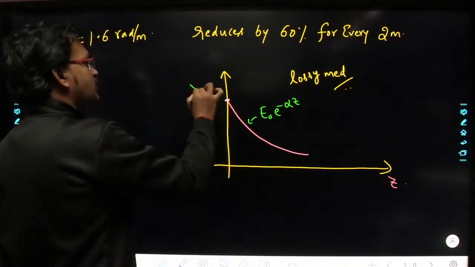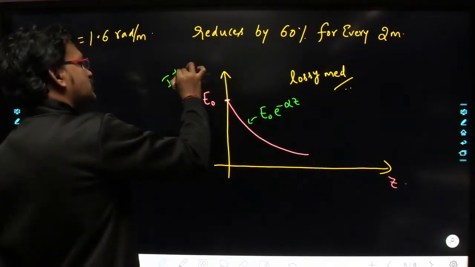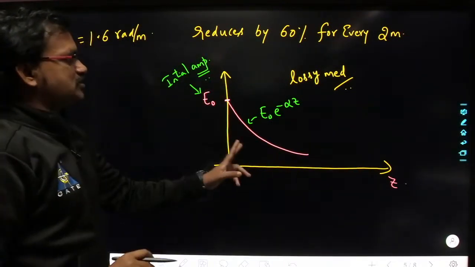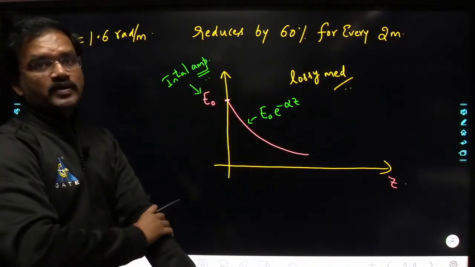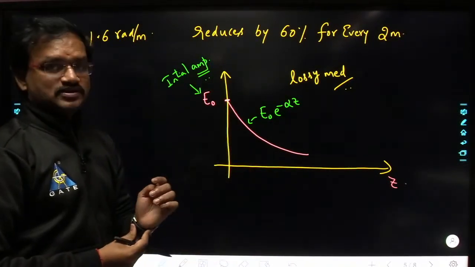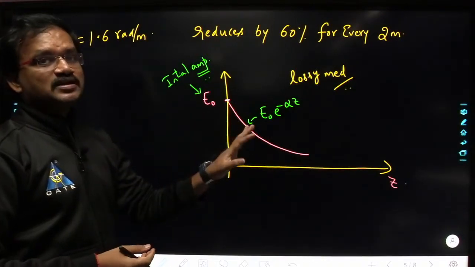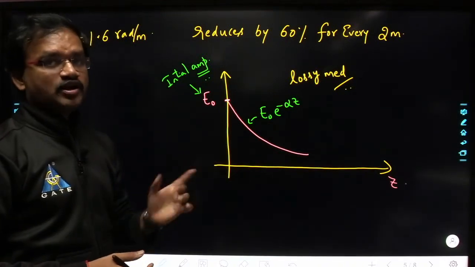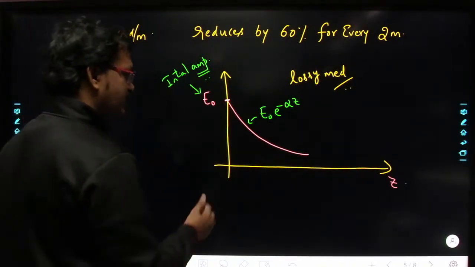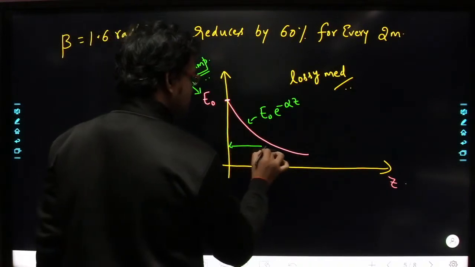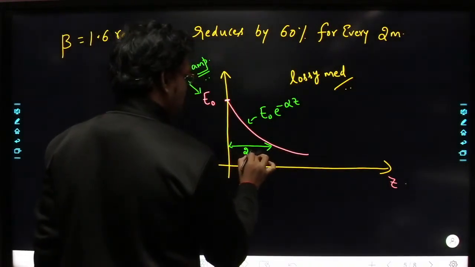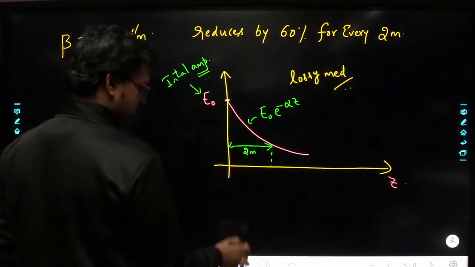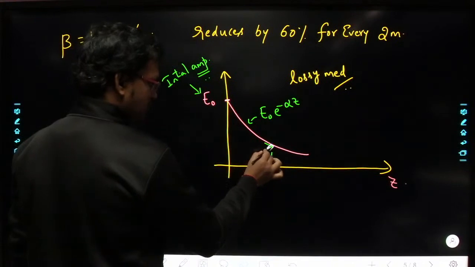So if I assume E0 as the initial amplitude, after 2 meters it has been reduced by 60%. So 60% reduced means 40% of the initial amplitude will be present after 2 meters. Let us say this distance is 2 meters. So after traveling a distance of 2 meters, instead of drawing here, I can draw here.